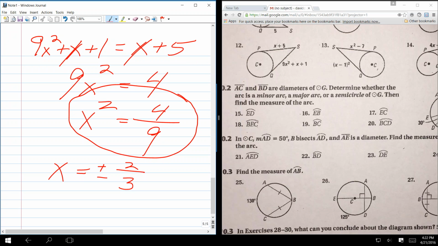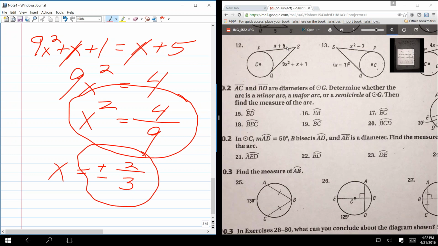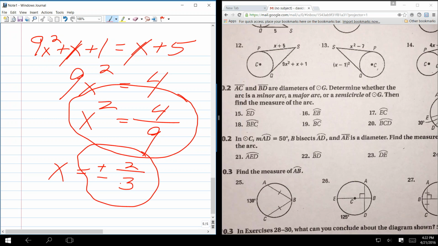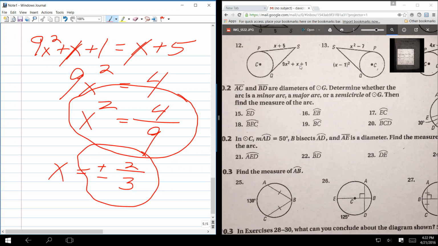Now, with geometry, a lot of times when you're solving quadratics and you come up with a plus and a minus answer, you throw away the minus answer because dimensions cannot be negative. Does either of these numbers produce a negative dimension? Is x plus 5 negative with either of those answers? No. Okay. Is 9x squared plus x plus 1 negative with either of those answers?